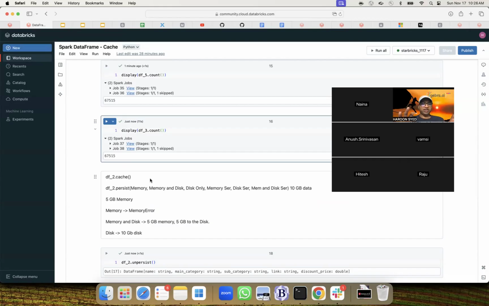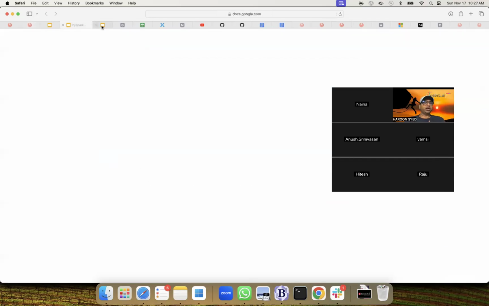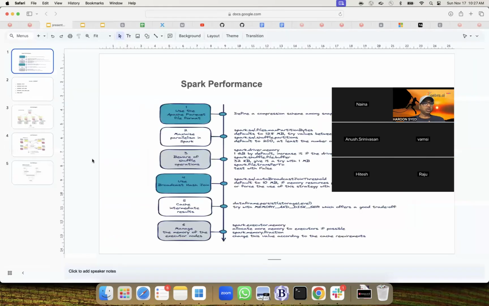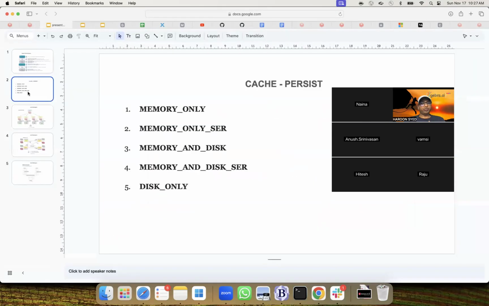Now, when I do cache, there are some options for how you want to do the caching. Let's go here. These are all the cache options that are available. Memory only means your whole data frame is cached in memory, the RAM of the cluster.